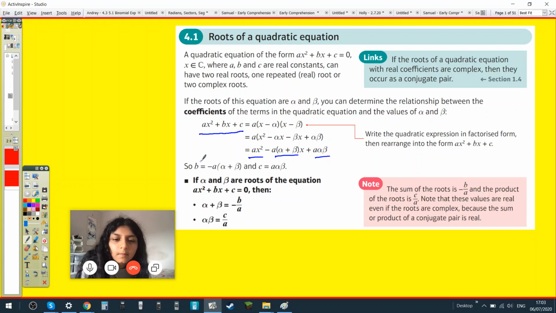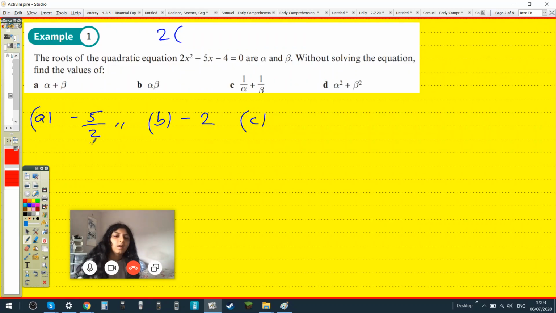So b is the coefficient, b equals minus a times alpha plus beta. So alpha plus beta would be b over minus a. Yeah, just divide everything by a to begin with.